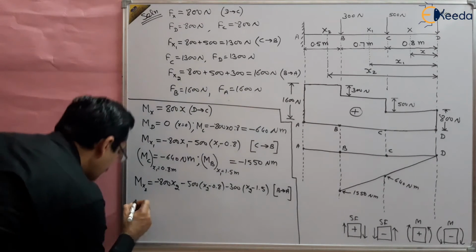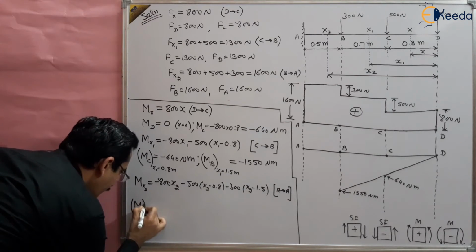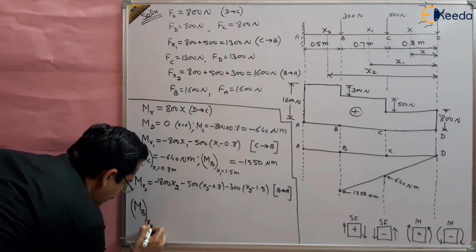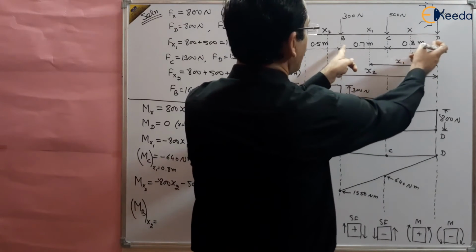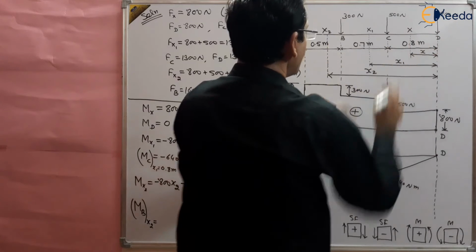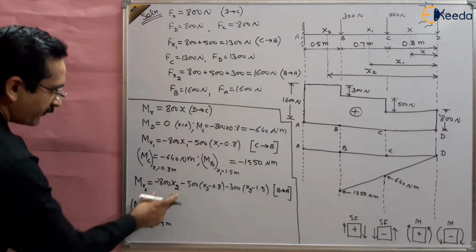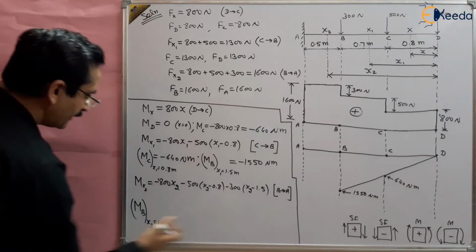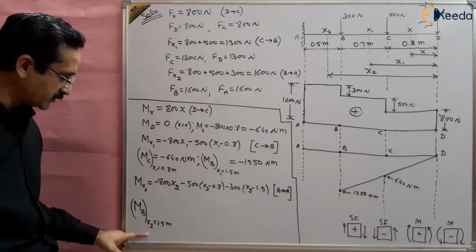MB. When we are talking about MB, the value of x2 at that point is 0.8 plus 0.7, that is 1.5. So we are talking about 1.5 meter length. So put the value of x2 as 1.5 meter in this equation and you will get the value of MB at x2 equal to 1.5 meter.